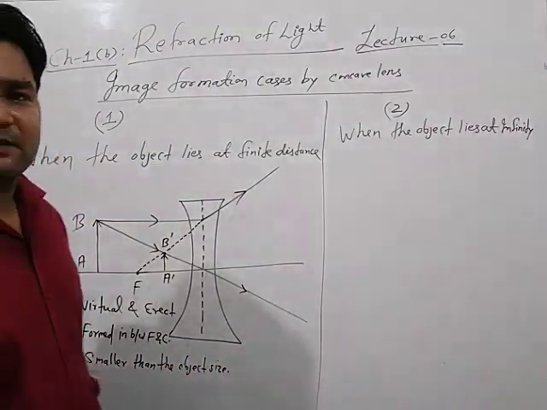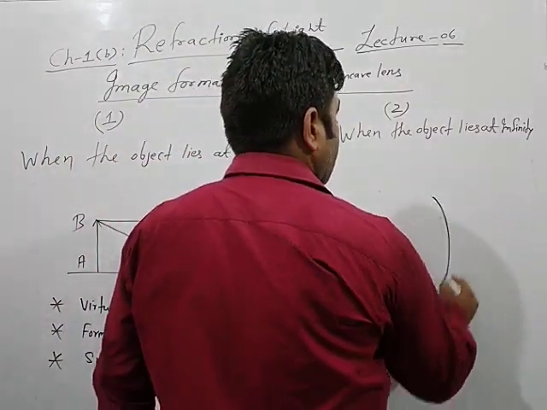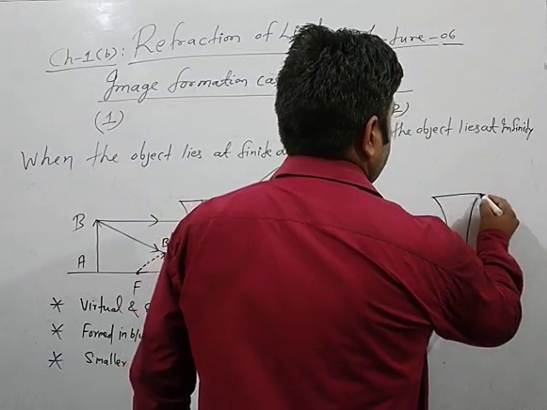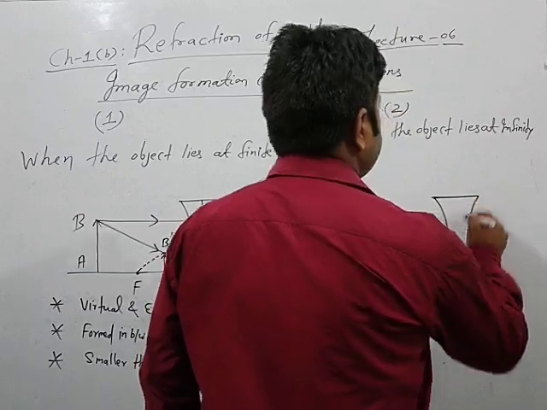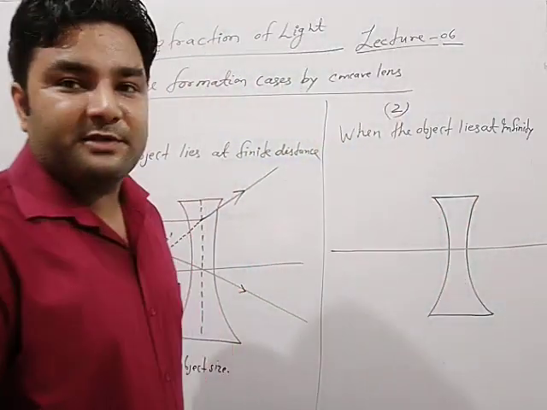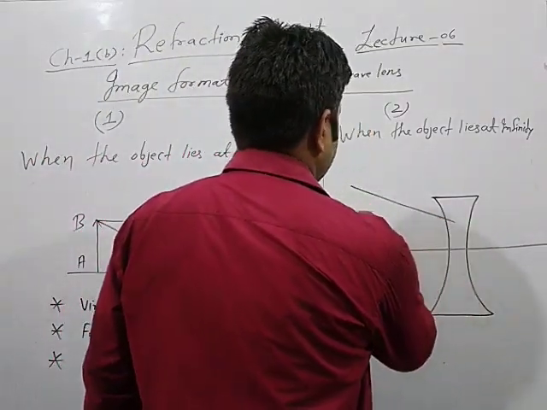Clear? Very easy concept. Second, this is the concave lens, and here the object lies at infinity. It means two parallel rays are taken.